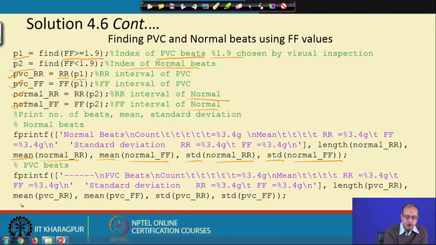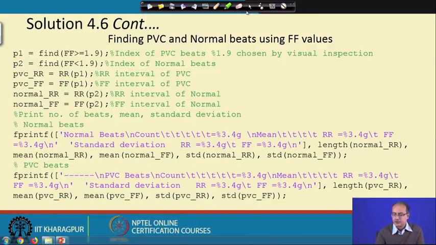Same way, we get the mean of the PVC RR intervals, the mean of the FF value of the PVC cycles and the corresponding standard deviations. So, we print all of them. That is the next task we have.